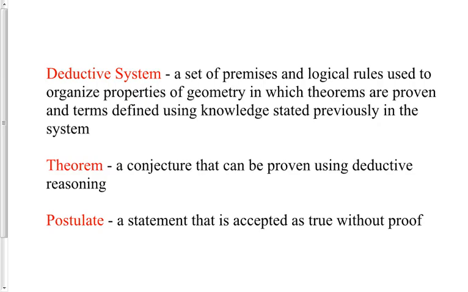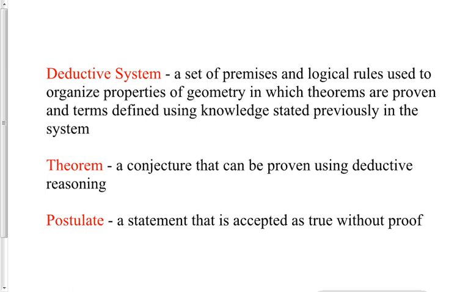Here are a couple new vocabulary terms. A deductive system is a set of premises and logical rules used to organize properties of geometry in which theorems are proven and terms defined using knowledge stated previously in the system.